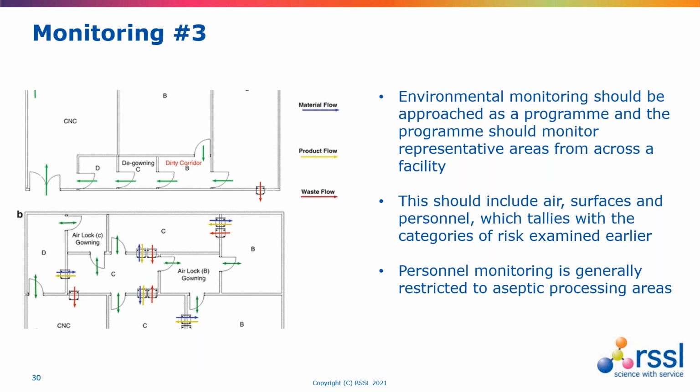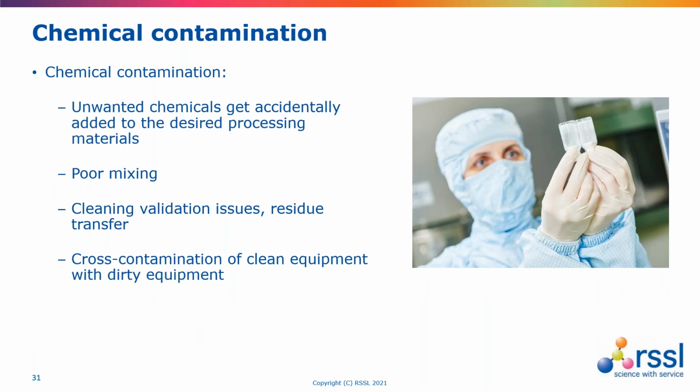So just a very simple picture on the slide there of some imaginary process rooms, and we have the direction that products take in, the direction that materials are taking, directions that people are taking, and the direction that waste is taking. And each one of those presents a potential weakness that we need to consider.